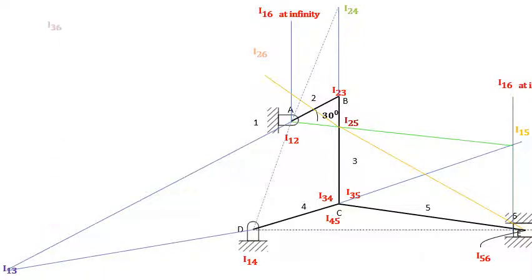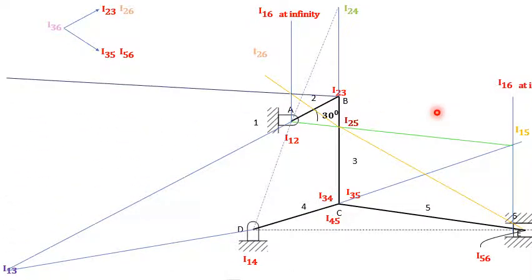Next one is I36. We have two sets of instantaneous centers for I36: I23, I26, and I35, I56. First one is I23, I26. This is I23 and this is I26. Connect these two points and extend the line. Next, I35, I56. This is I35 and this is I56.